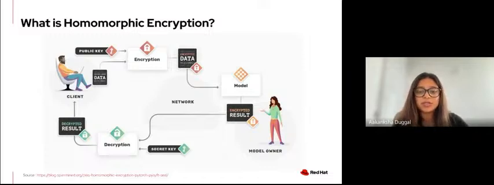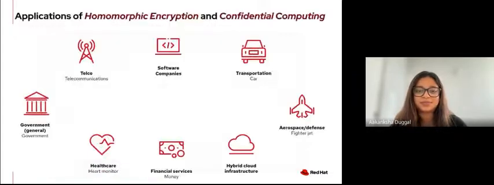So, homomorphic encryption bridges that gap and lets the user encrypt their data in a way that it can be computed on as if we are computing on plain data. And thus, they only send the encrypted data to the model owner, who can evaluate the model on this encrypted data and return back an encrypted result to the user, who is the only person who can decrypt this back.